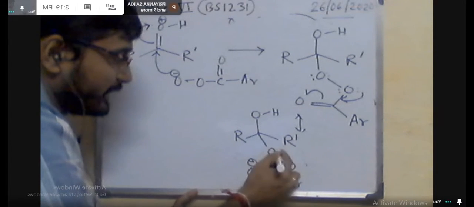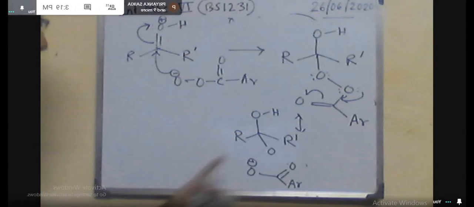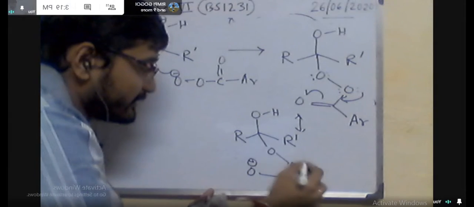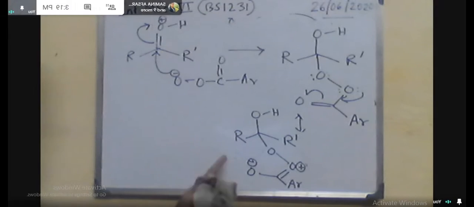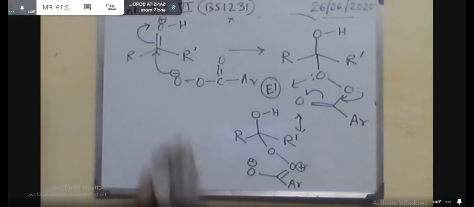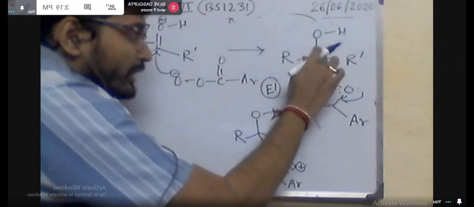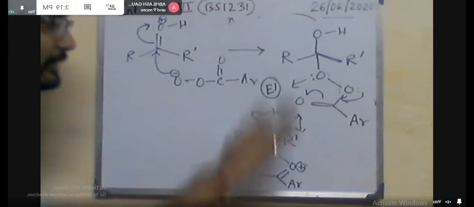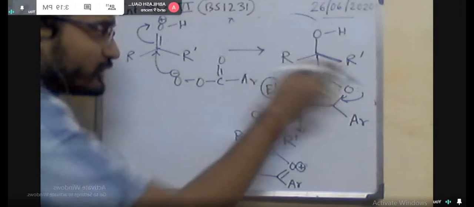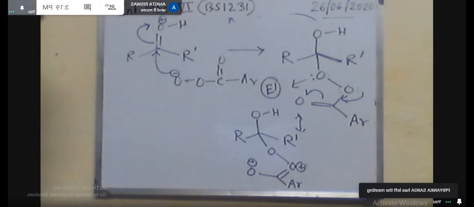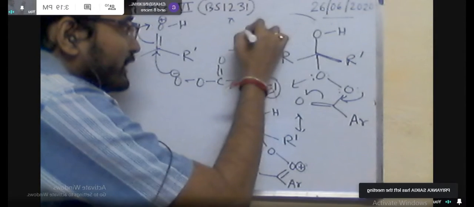So as this oxygen is electrophilic in nature, the next step is the rearrangement step. In this case, now we can think this is the carbon R, that means say it may be a methyl group, it may be an ethyl group. Now which group will migrate depends upon the migratory aptitude of this group. So if I consider that here the migratory aptitude of R prime is greater than R, we can think of this bond this way, say this is the plus and this is the minus.